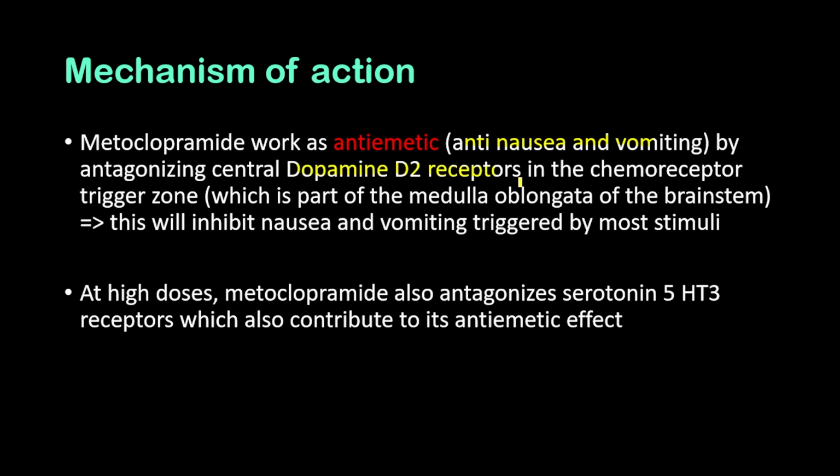D2 receptors in the chemoreceptor trigger zone, which is a part of the medulla oblongata of the brainstem. Now the chemoreceptor trigger zone is linked to the vomiting center, so once the dopamine D2 receptors are antagonized in the chemoreceptor trigger zone, this will lead to the inhibition of the vomiting center, and this would give us inhibition of the nausea and vomiting triggered by most stimuli.